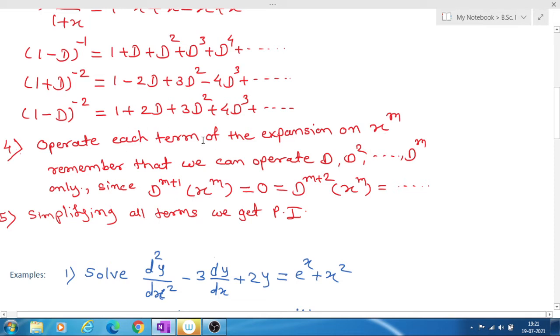So there will be d of x raised to m, d square of x raised to m, d cube of x raised to m. Now infinitely many terms are in the formula.